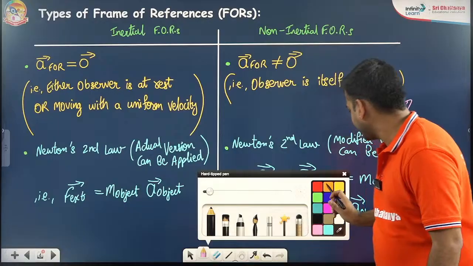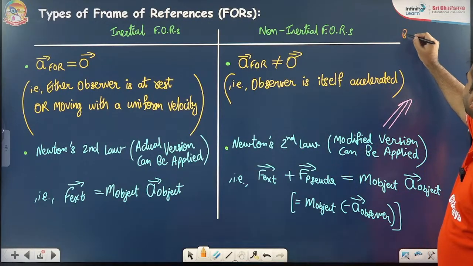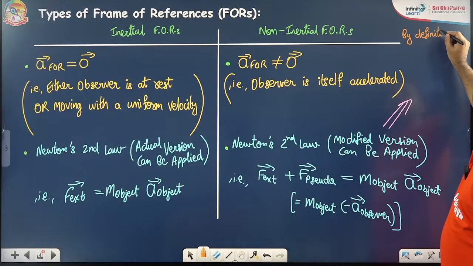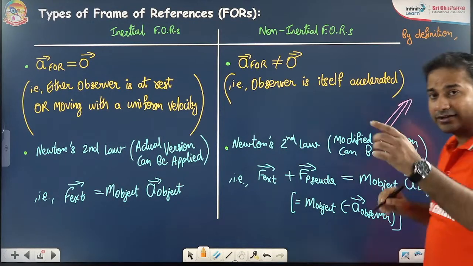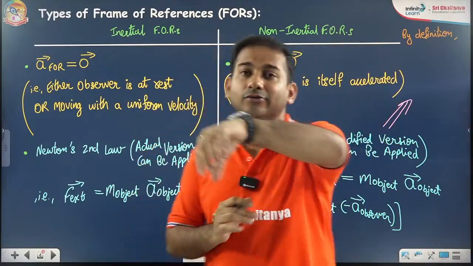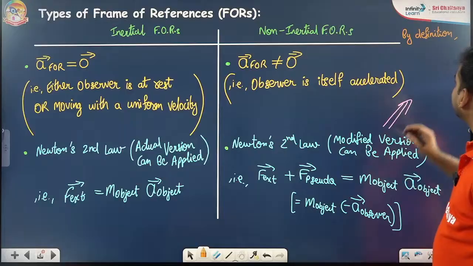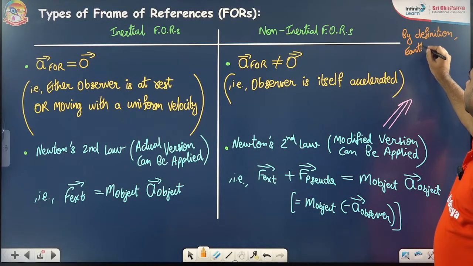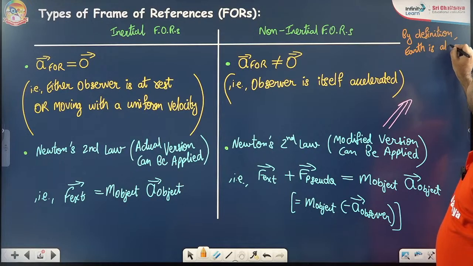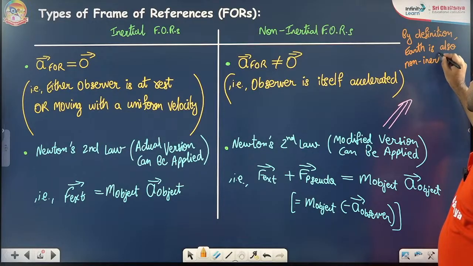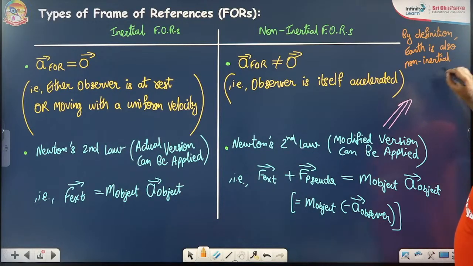Just attaching a small point here. By definition, Earth is also rotating about its own axis and revolving around the sun, so it is basically an accelerated frame of reference. By definition, Earth is also a non-inertial frame of reference.